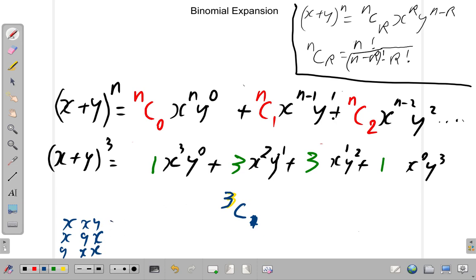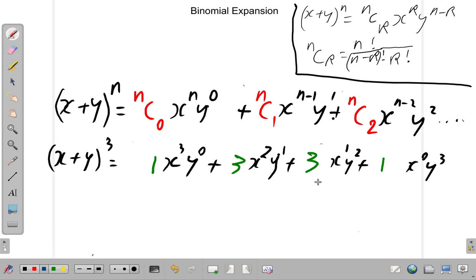Only 3 ways you can arrange 2 x's and 1 y. So that's what you have there: 3 multiplied by x squared y to the 1. That's why you have a 3C1 here. It's 3 items. How many ways can you arrange them when you have 1 y chosen? Only 3. So you have that multiplied by 3.